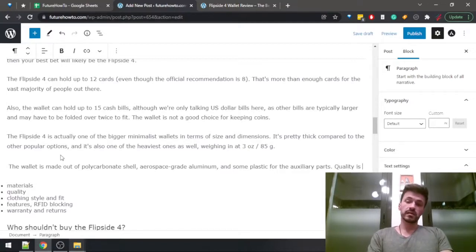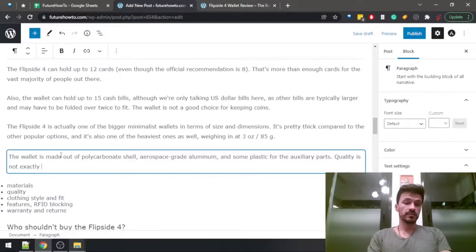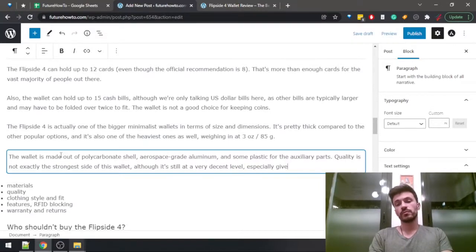Quality is not exactly the strongest side of this wallet, although it's still at a very decent level, especially given the product's price.